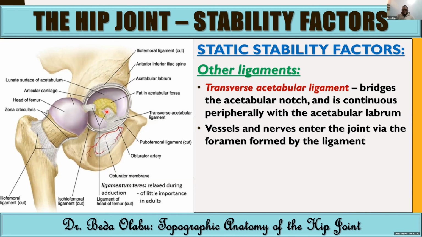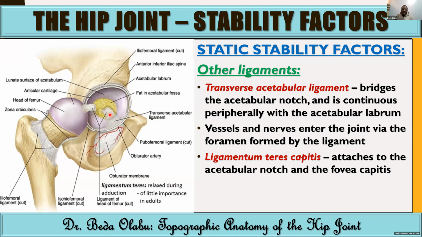The other ligament is what we call the ligamentum teres capitis, or otherwise called the round ligament of the head of femur. It attaches from the acetabular notch and partly the fossa of the acetabulum, and it inserts into the fovea capitis of the femoral head.